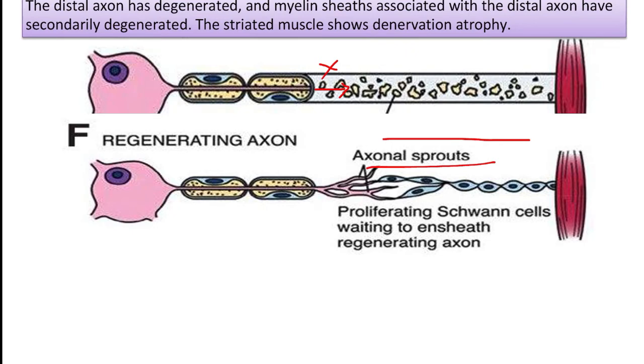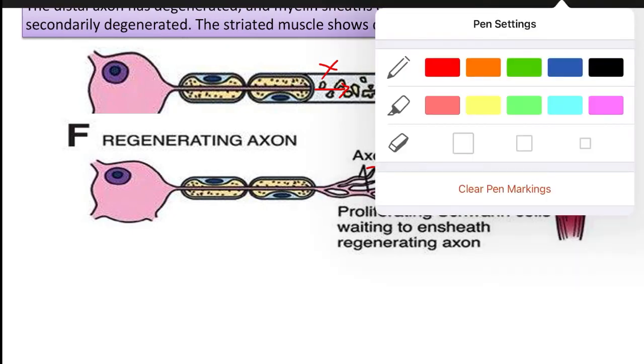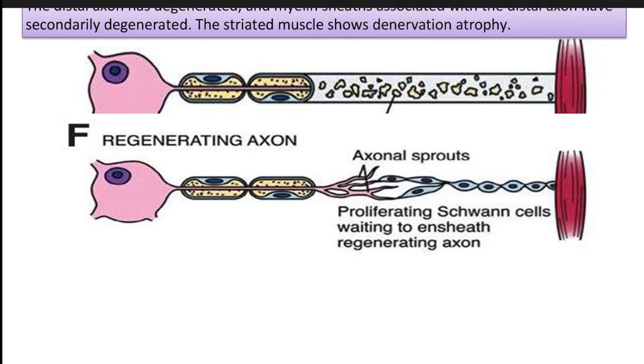When regeneration starts, you can see axon sprouts. The axon will try to regenerate again. With that there is also Schwann cell myelination. The Schwann cells proliferate and they get the myelination.